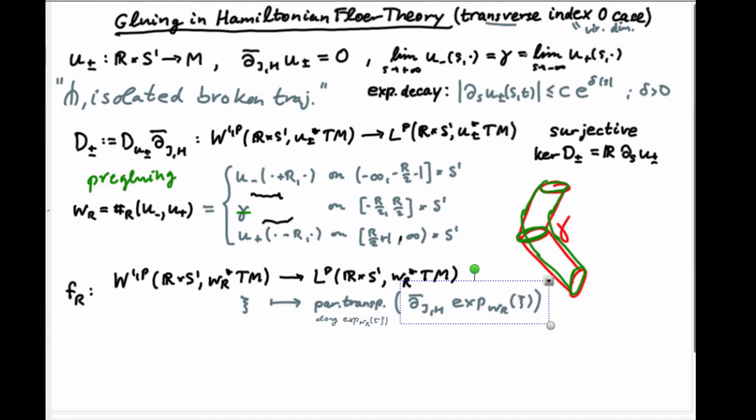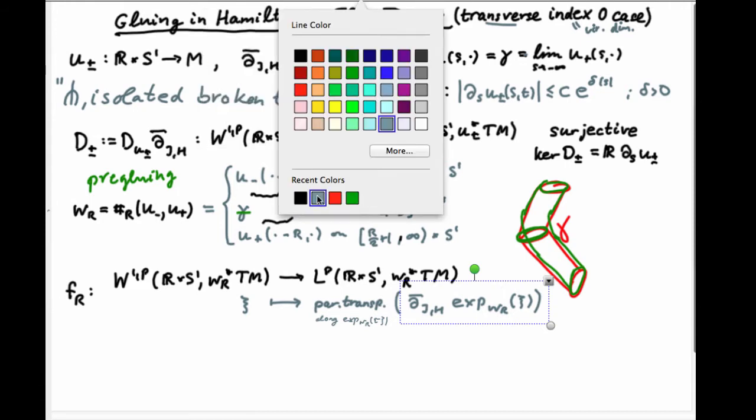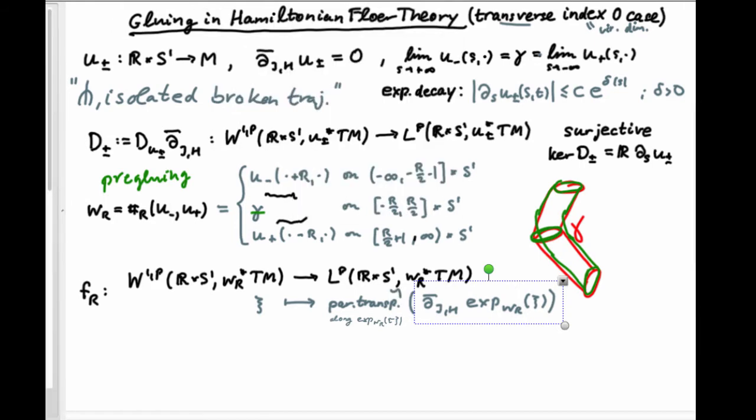We'd like this to be a map between Banach spaces, so there needs to be some parallel transport back, actually, inverse here.